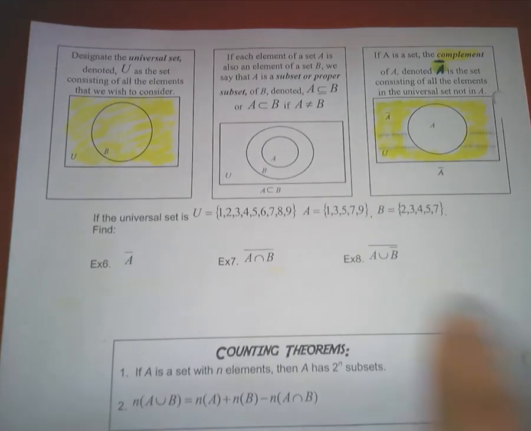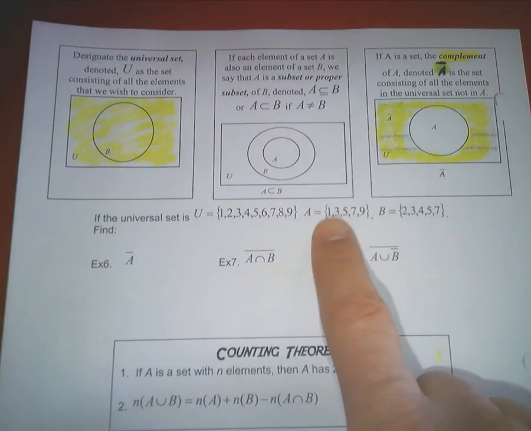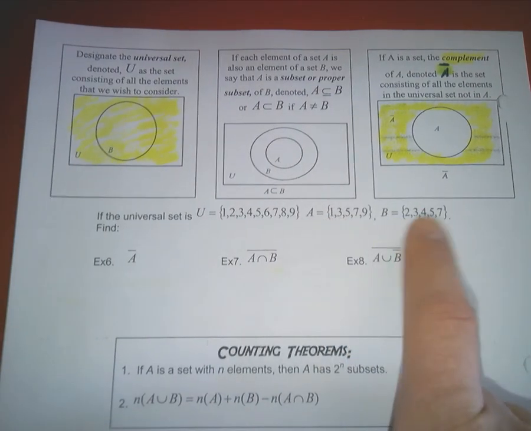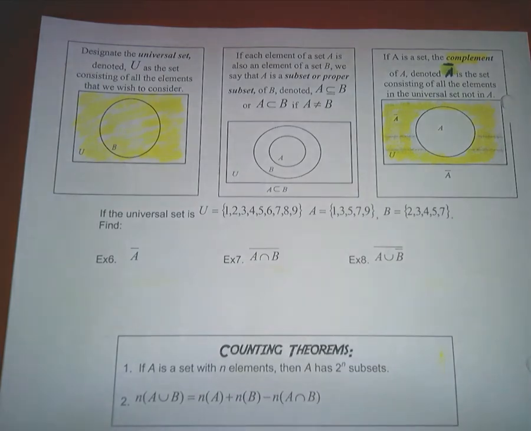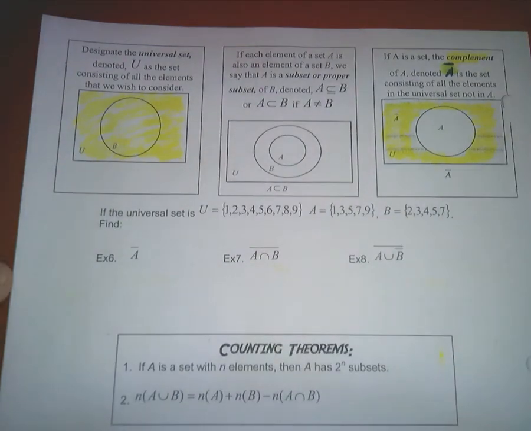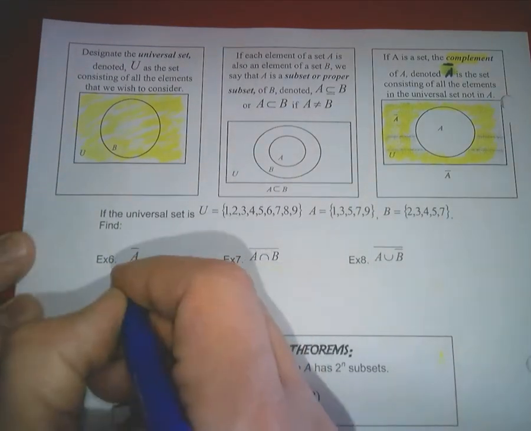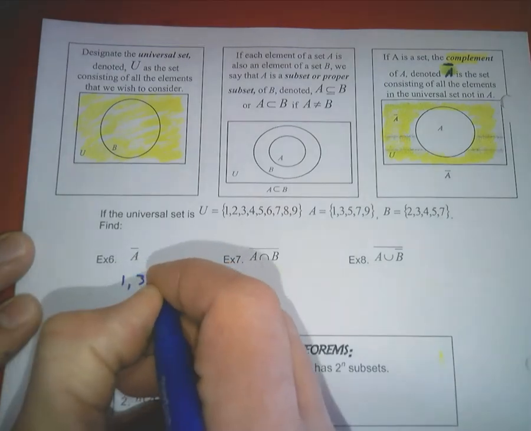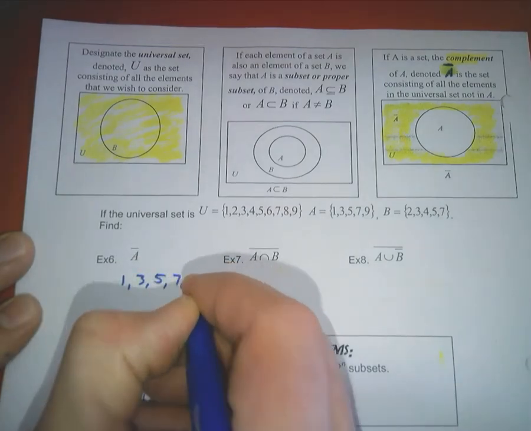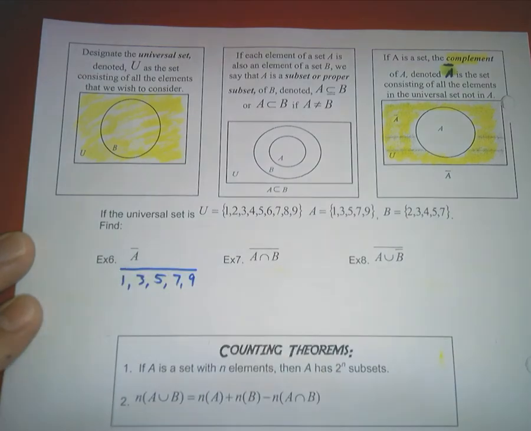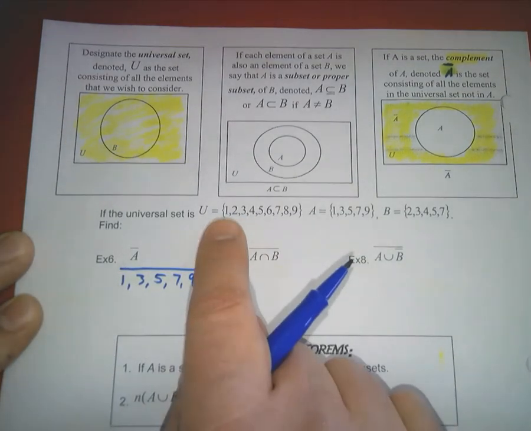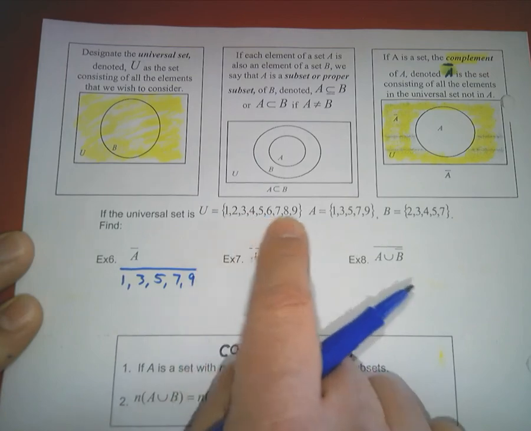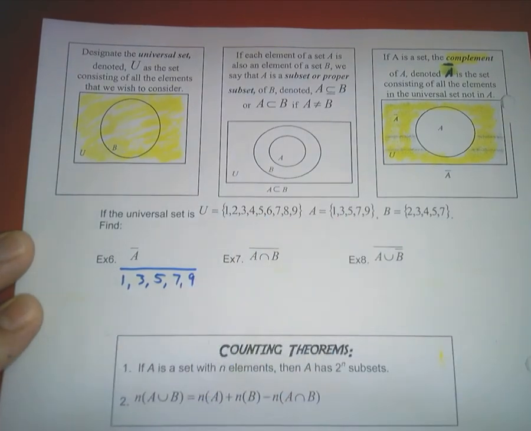So we got a universal set. We got 1 through 9 is our universal set. A is, again, the odds, and B is 2, 3, 4, 5, and 7. Well, here they want the complement of A. So here's A again, 1, 3, 5, 7, and 9. And now I want to do the complement of that. So basically, I'm going to go up to the universal set, and I'm going to write everything in the universal set except 1, 3, 5, 7, and 9.